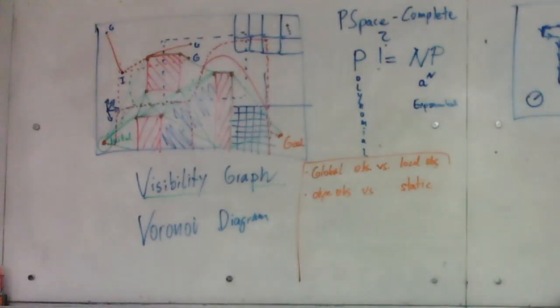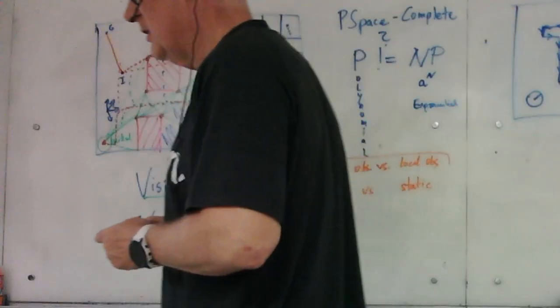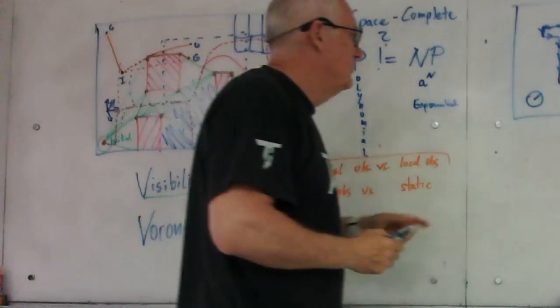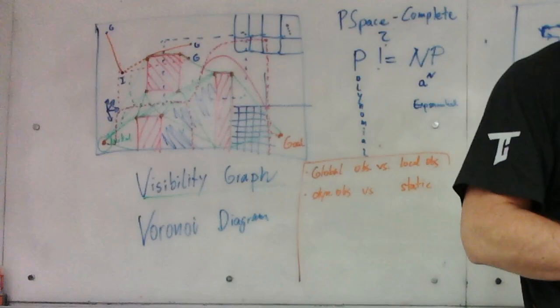Now, to control your robot to go to a particular position, we need to talk about the kinematics of this.